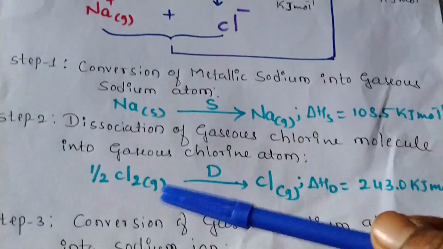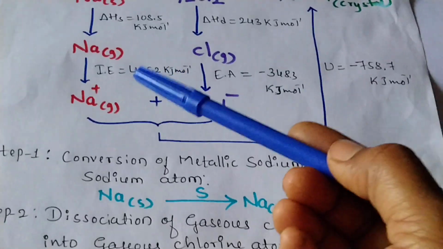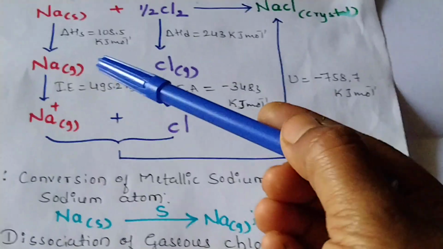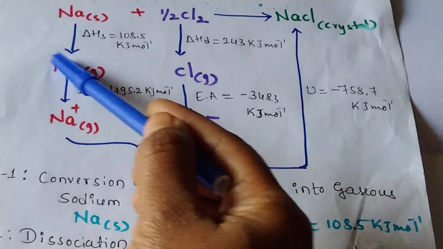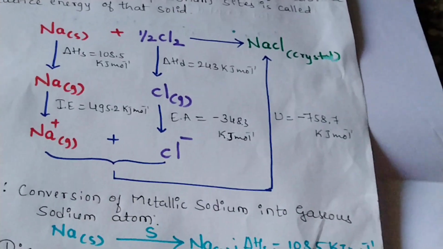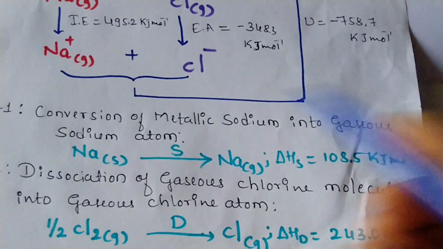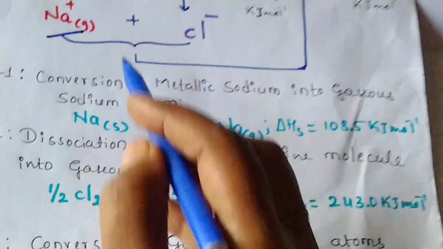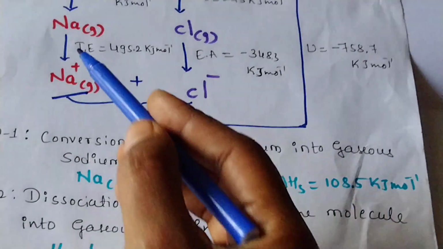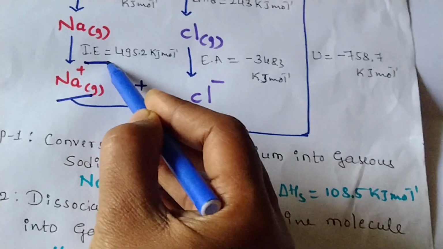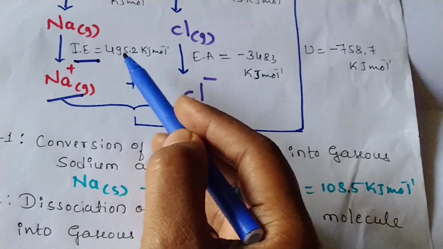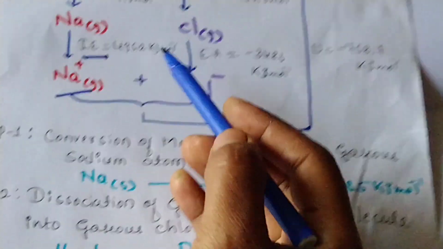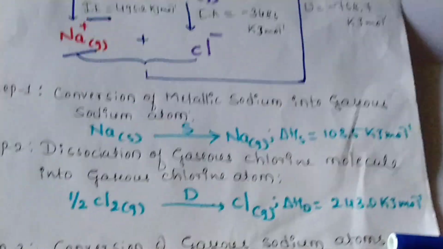The energy required to convert a gaseous sodium atom into a gaseous sodium ion is called ionization energy, 495.2 kilojoule per mole.